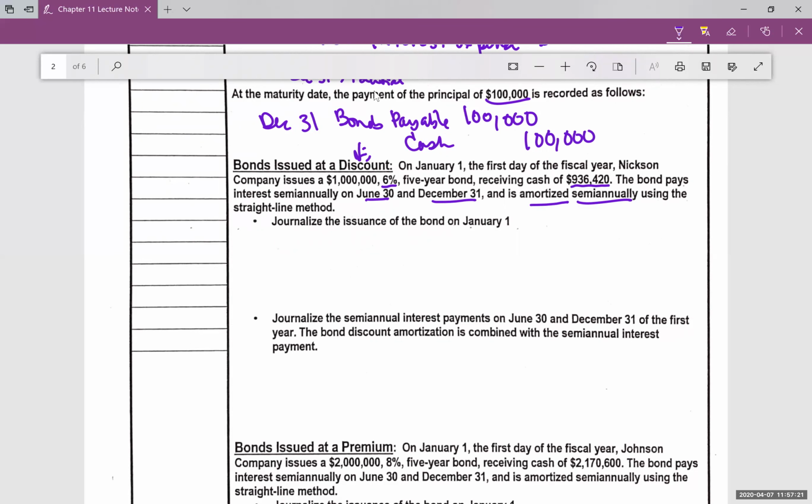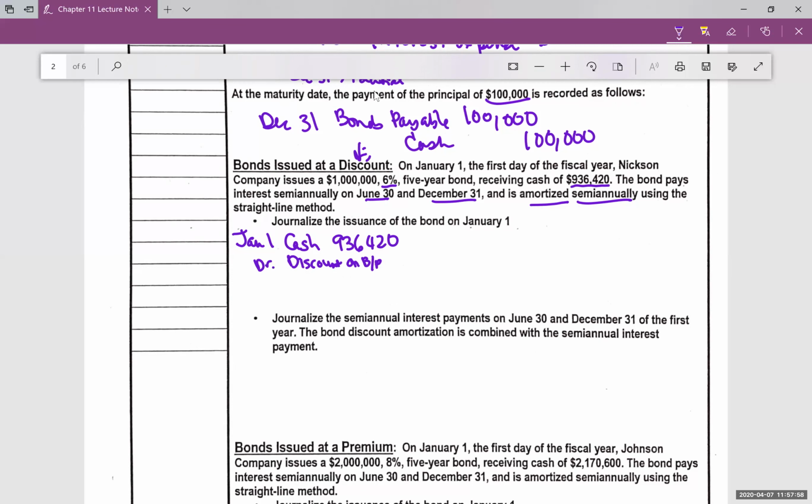So this one, we're going to issue the bond. And this is what it looks like. So January 1st, they didn't get that full amount of 1 million cash. These were offered at a discount, so they received 936,420. They did still receive a lot of cash. Then the next line down is called discount, and it's supposed to be a debit too, so this was also a debit.